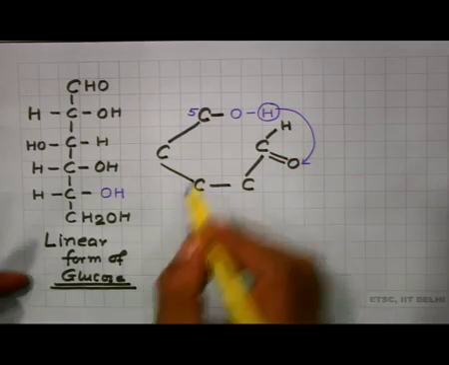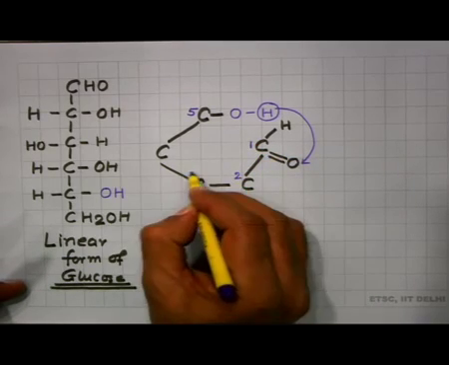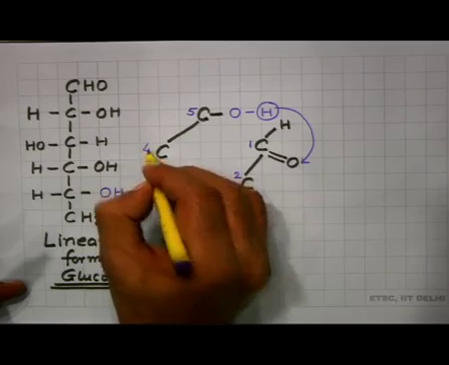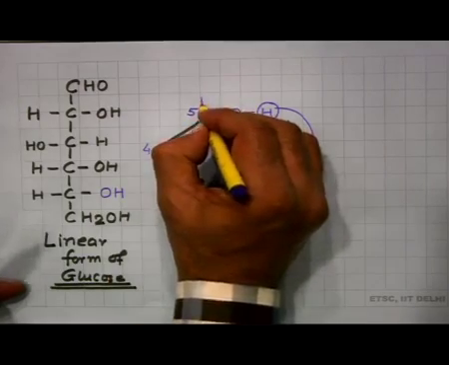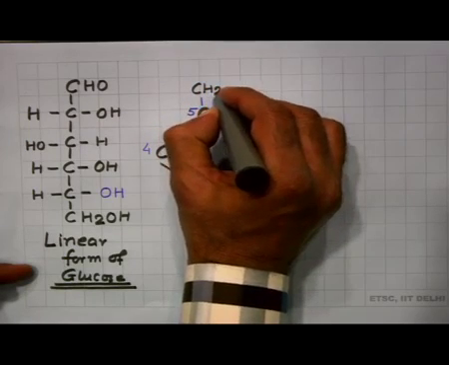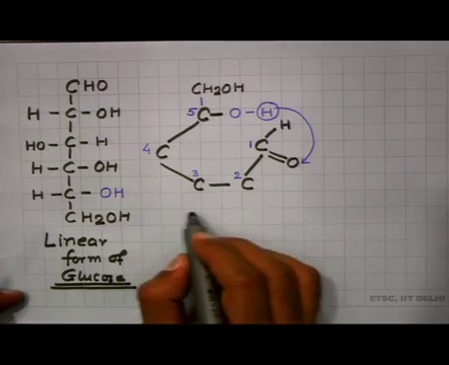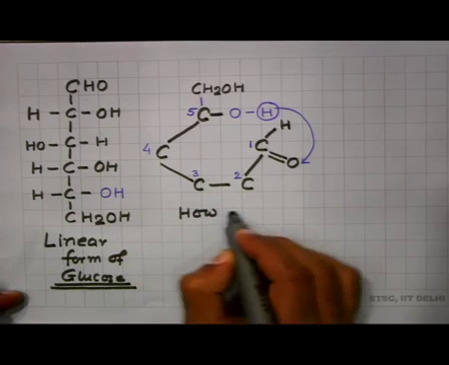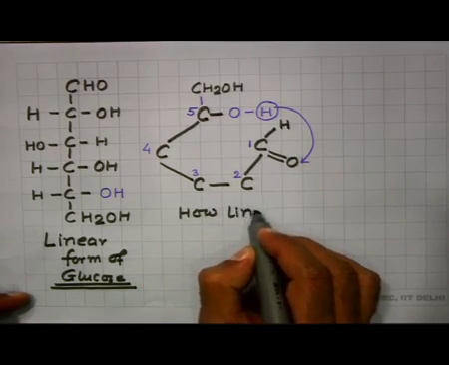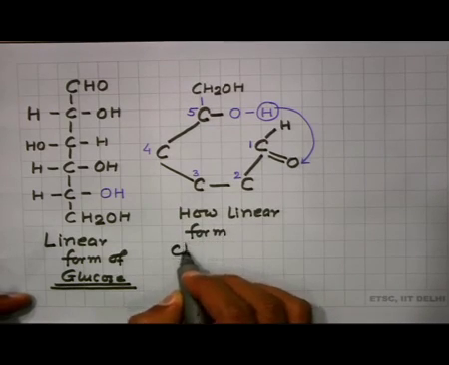When you shift this, then this one is the 1st carbon, 2nd carbon, 3rd carbon, 4th carbon, 5th carbon. At the 5th position there is the CH2OH. This is how the linear form changes into the ring form.